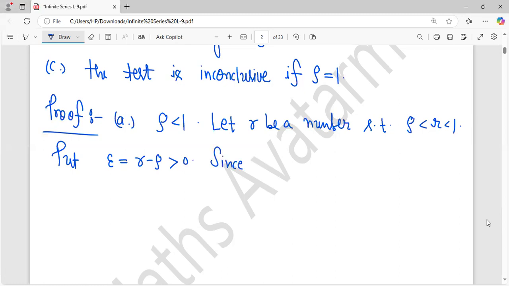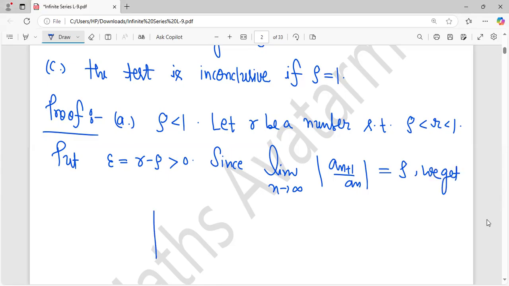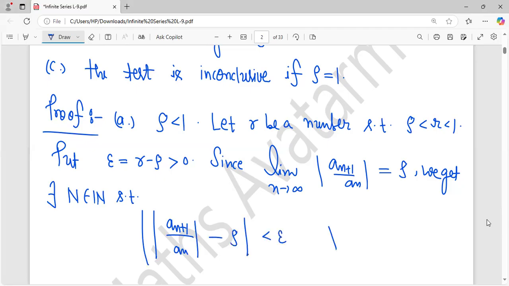Since limit n tending to infinity of a_(n+1) upon a_n is equal to rho, we get there exists capital N belongs to natural numbers such that |a_(n+1) upon a_n minus rho| is less than epsilon for all n greater than capital N.